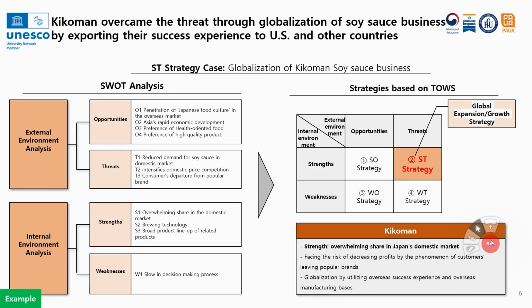So that's the case of choosing the ST strategy, a global expansion growth strategy, to avoid the threats in domestic markets, which Kikkoman has chosen. Okay.